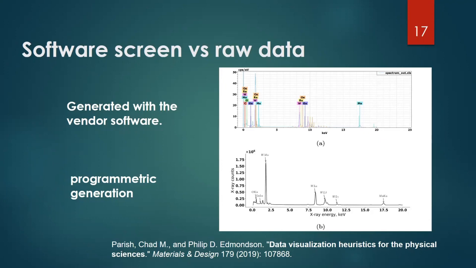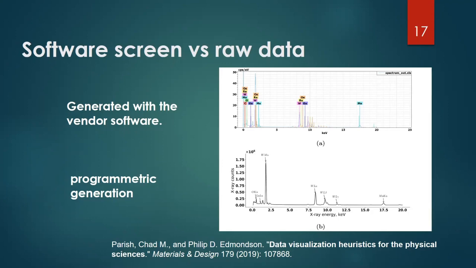But some software does not have such a possibility. They just give you this plot and you do not have the possibility to improve it. So in this case, just extract the data and use programmatic software like MATLAB, Python, anything, so you can control and visualize these things better.